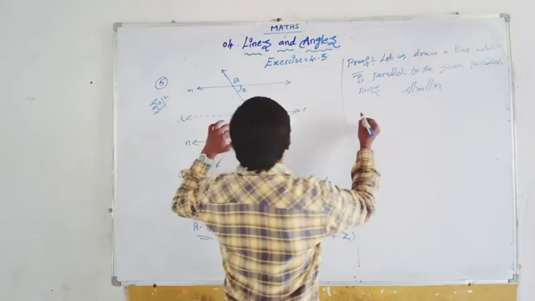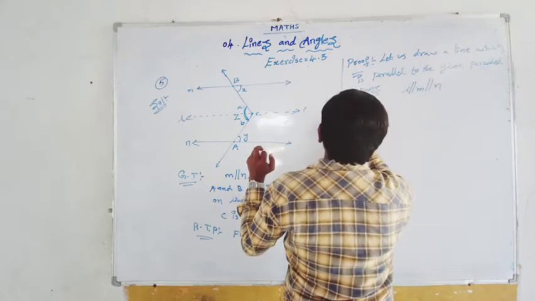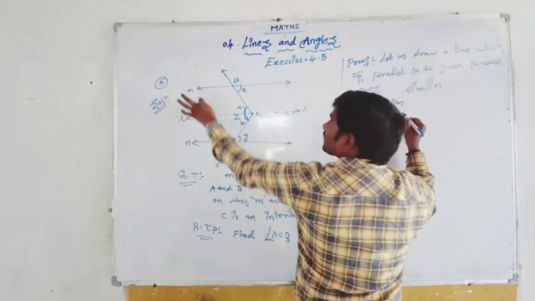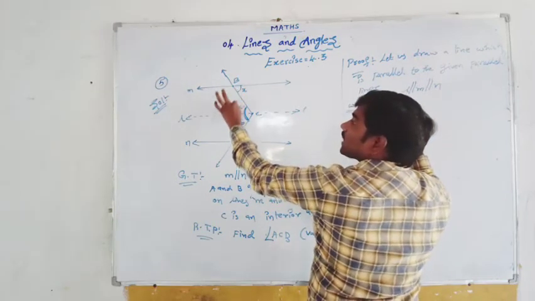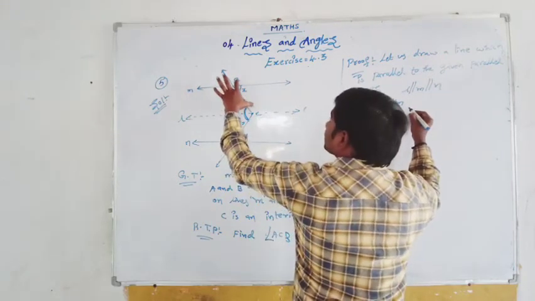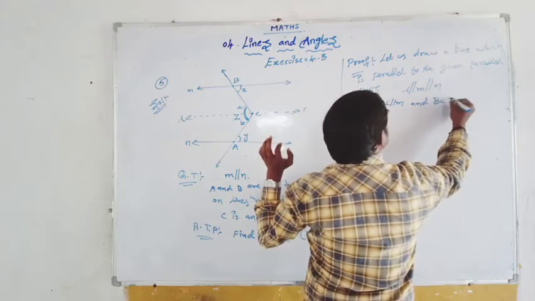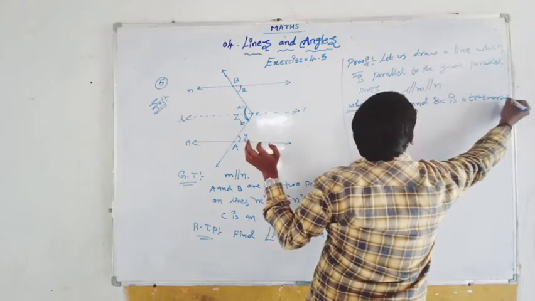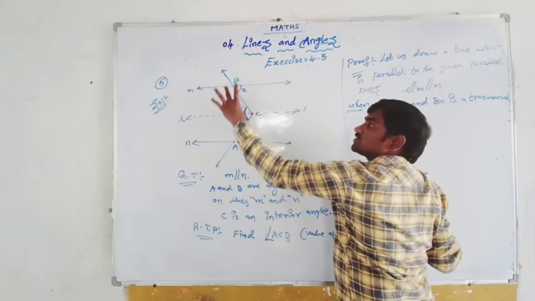Here we know that when L is parallel to M, these two angles are equal. BC is a transversal, intersecting these two parallel lines.